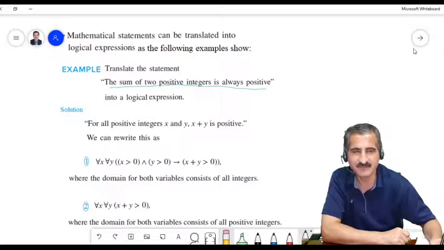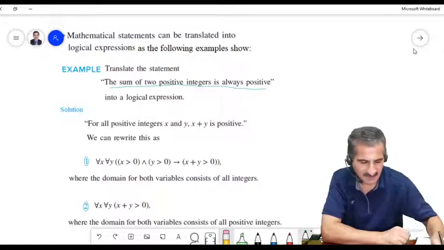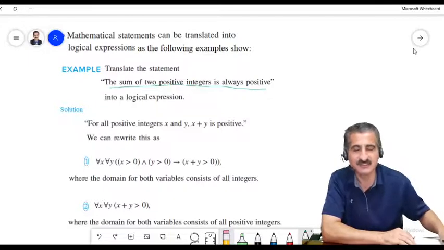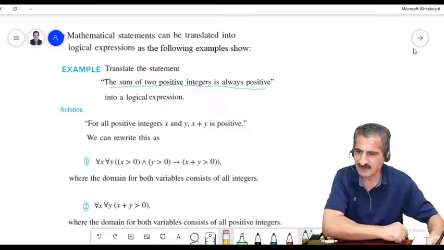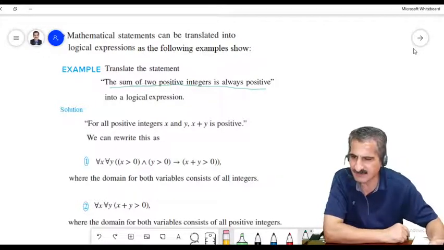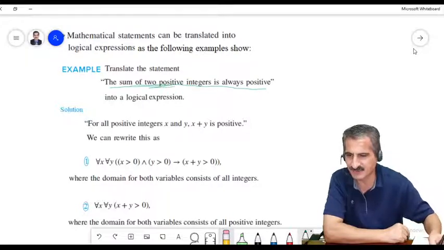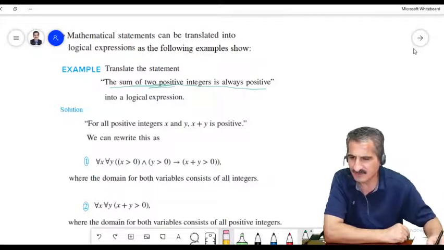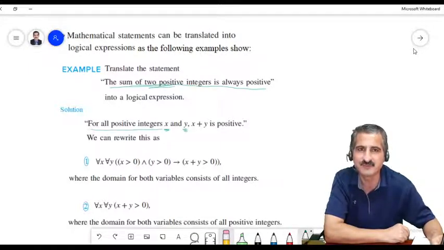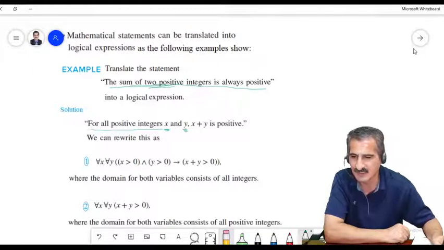Let's put that in a logical statement using nested quantifiers. So for all positive integers x and y. Here we introduced the propositional variables x and y. We have x plus y greater than 0.